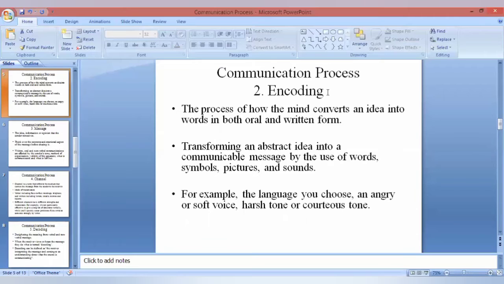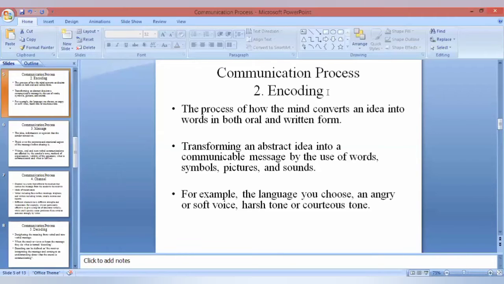For example, if I say ball, ball is something that is there in my mind, and I express the idea of ball by using words, by using letters. This is how you encode a message.